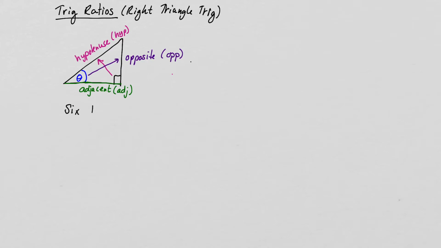The 6 trig ratios are the sine. So there's 3 main ones. Those are the sine, the cosine, and the tangent.